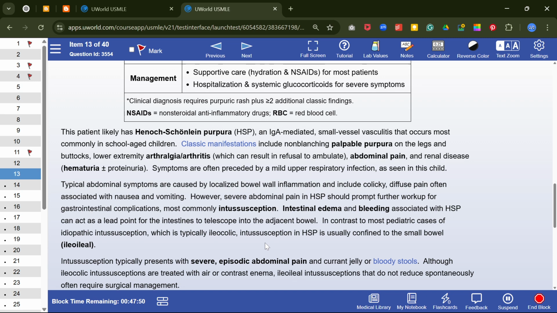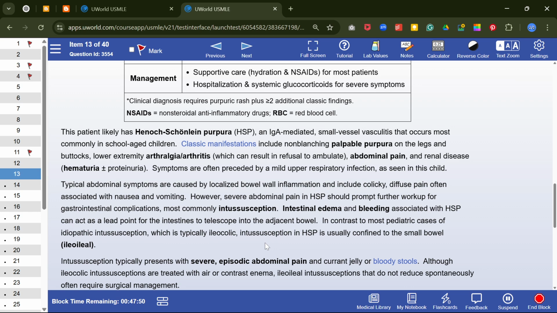Edema associated with HSP can also act as a lead point for the intestine to telescope into the adjacent bowel.